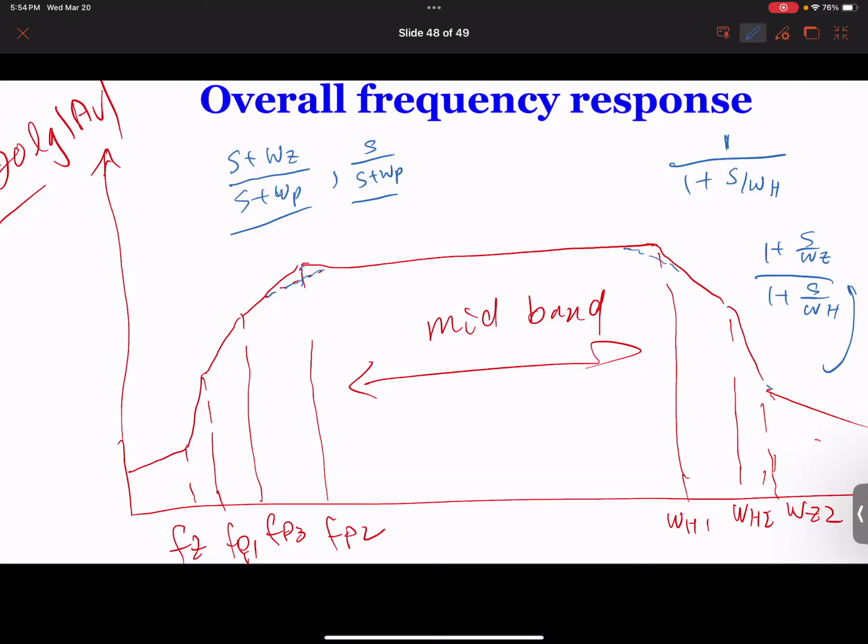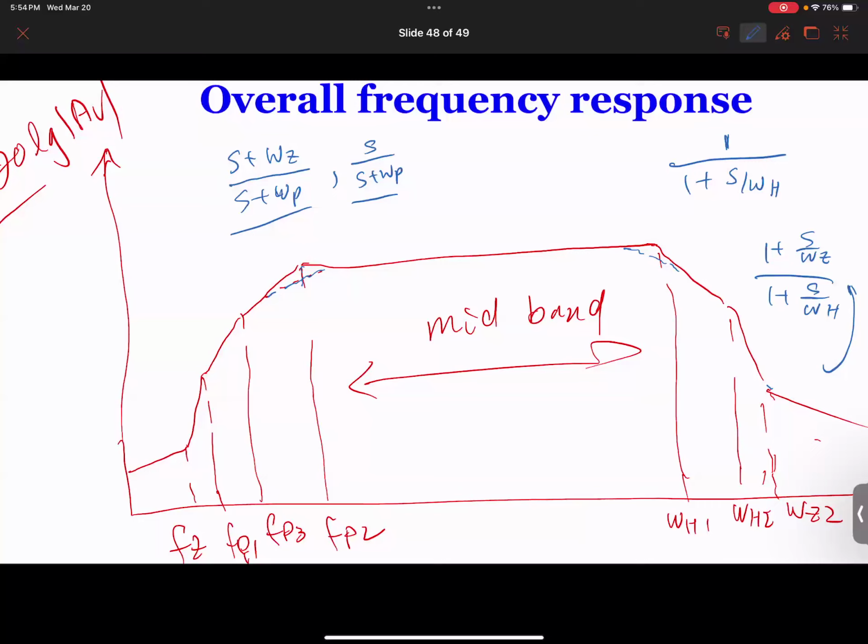It's basically device dependent. The low frequency part, you have control because you can select CC1, CC2, and CS. You want your frequency to go lower? Just choose a larger capacitor. But of course, you might already know, larger capacitor means larger size, higher cost. Do you really want to do that? So there's a design trade-off. That's why when you design this amplifier, you have to understand your application.